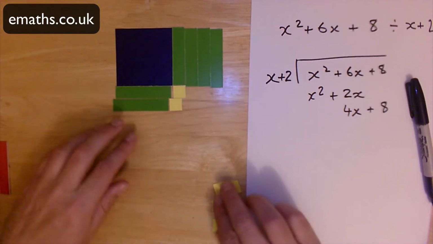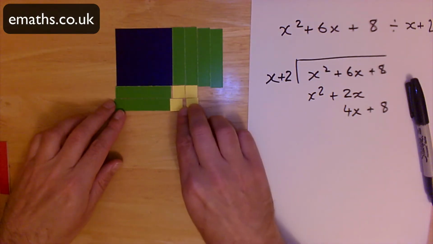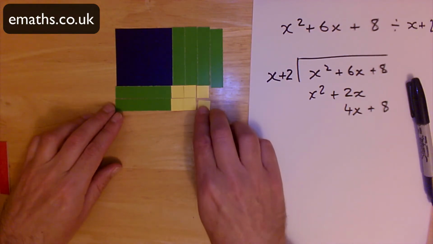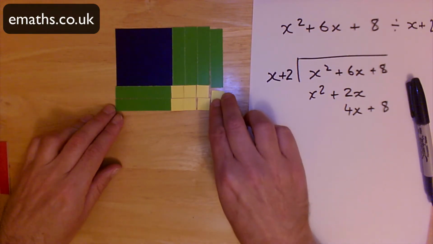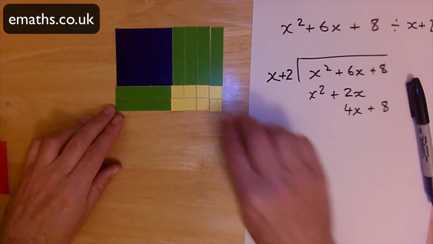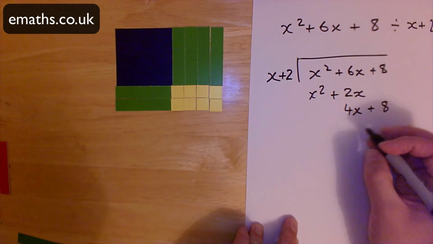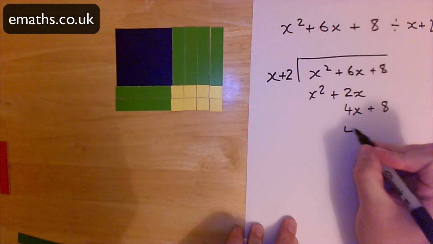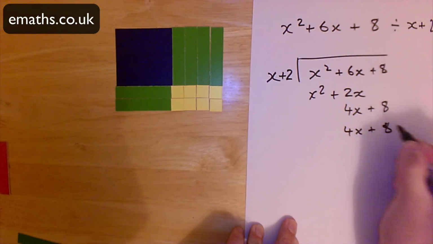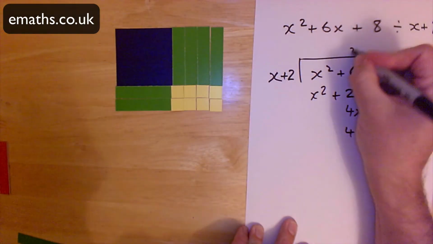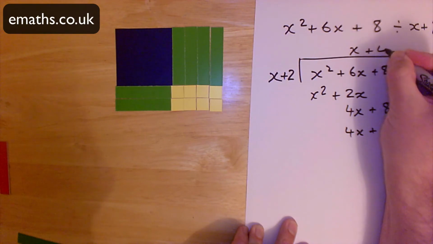And you should be able to see that this question is precisely the same question as 168 divided by 12. It's just that this question is in base x, and 168 divided by 12 is in base 10. So I've just removed the final 4x plus 8. I have nothing remaining, and the other length is x plus 4.